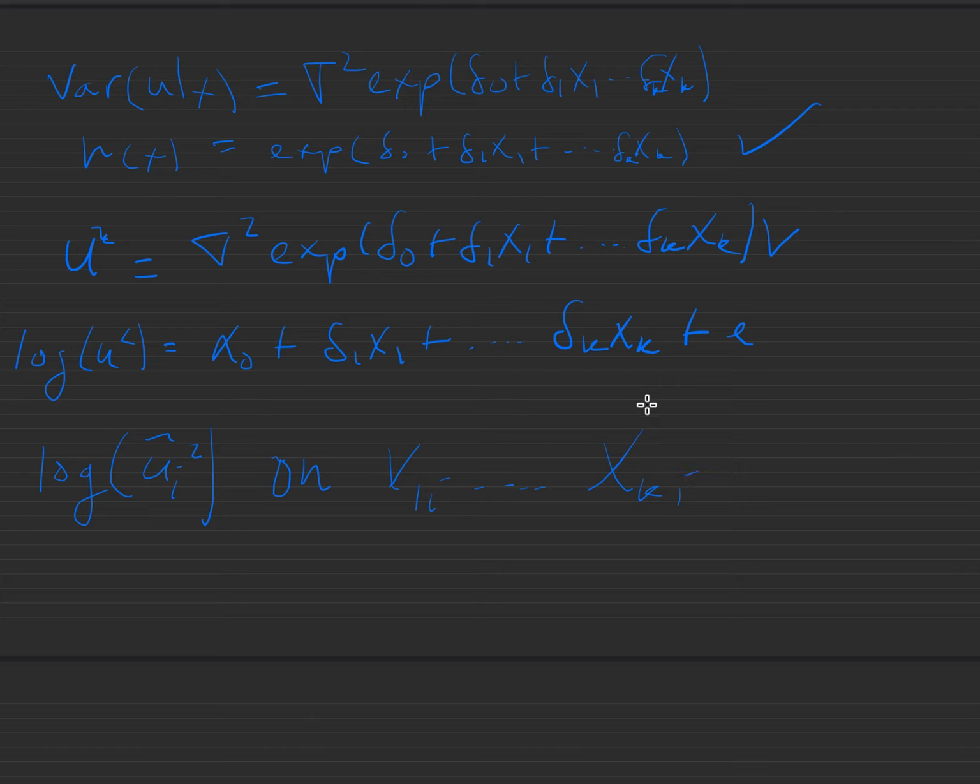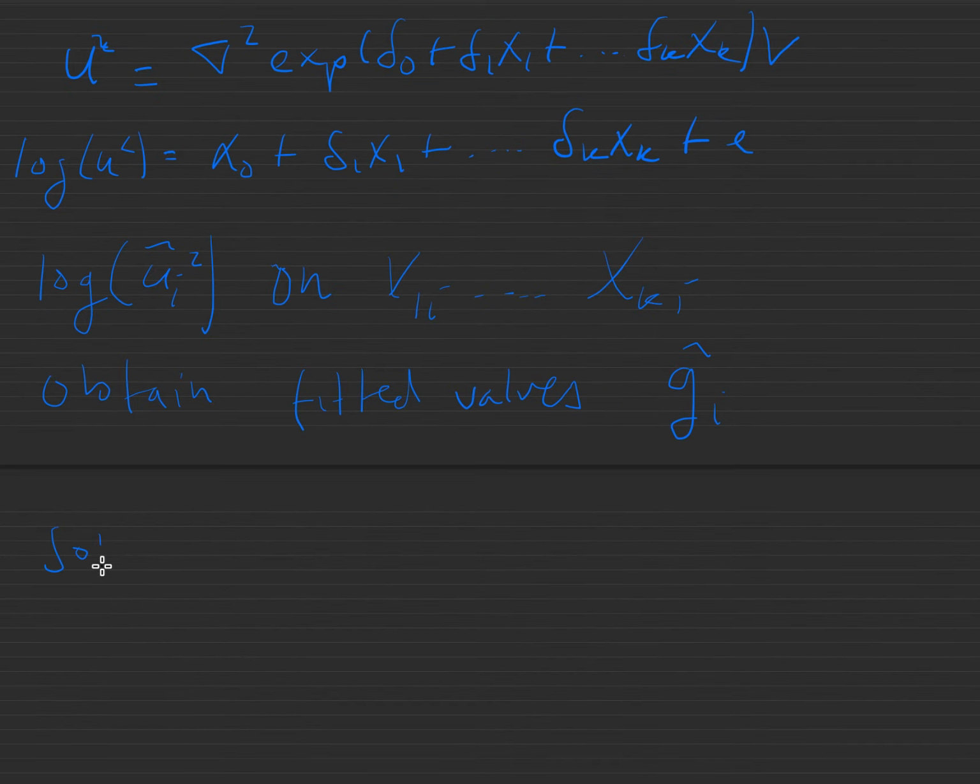We'll then obtain fitted values for the observations i equals 1 through n, call the fitted values gi hat, and then solve hi hat is equal to the exponent of gi hat.